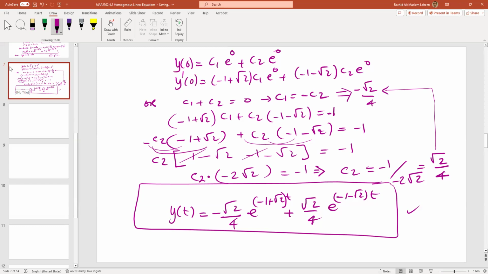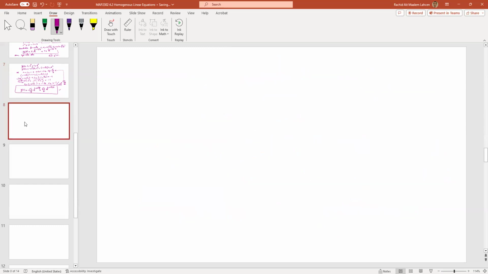All right, so some other things you need to understand. So for a theorem, if you have real numbers, of course, A, remember, can't be 0 because if it's 0, then it's not a second order.